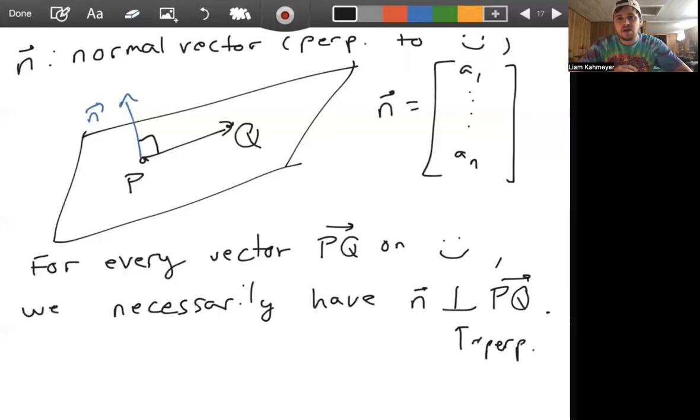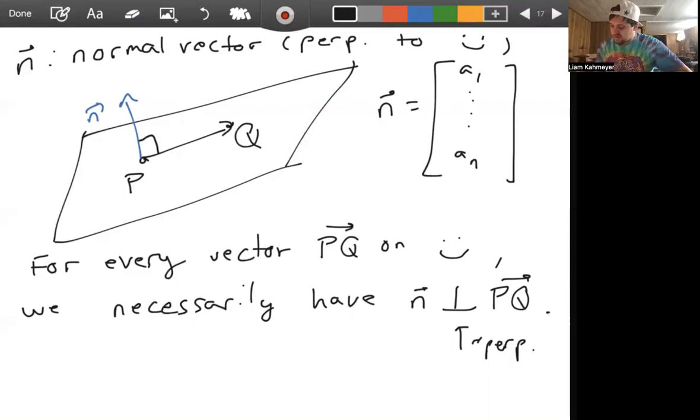We have a way of understanding perpendicular, like two perpendicular vectors, in terms of the dot product. So what our restriction is really saying, remember that two vectors are perpendicular if and only if their dot product is 0. And so we can explicitly describe the restriction of these vectors PQ.